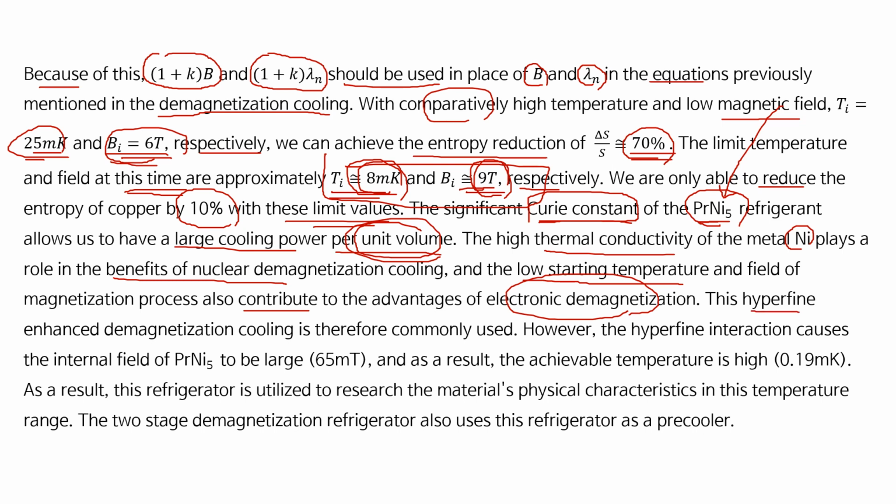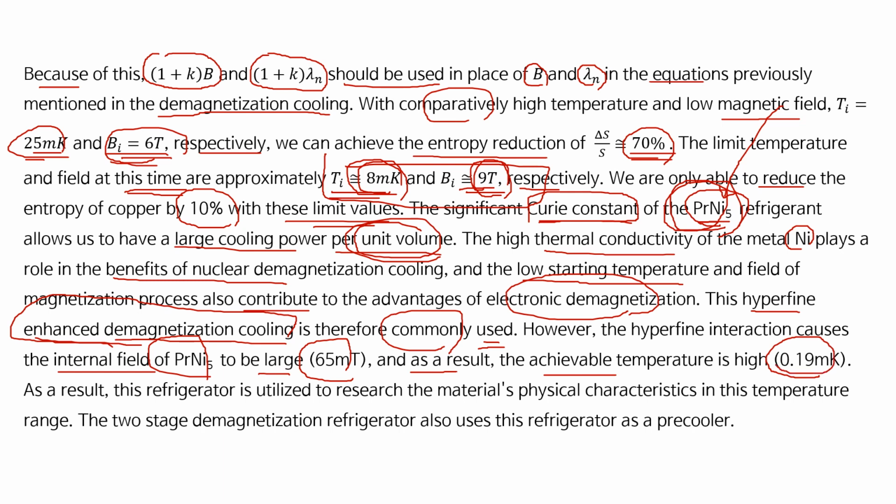So this hyperfine enhanced demagnetization cooling is therefore commonly used. So for this cooling, we use the PrNi5. However, the hyperfine interaction causes the internal field of PrNi5 to be a little large, 65 millitesla, and as a result, the achievable temperature is high, 0.19 millikelvin.